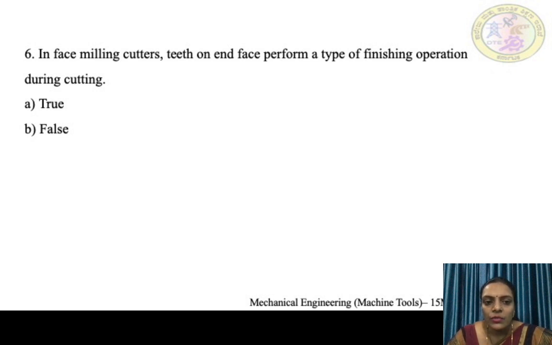So yes, it is true. Maximum cutting in a face milling cutter is generally done by the teeth on its periphery, and the teeth on the end face generally perform the finishing operation. Okay.